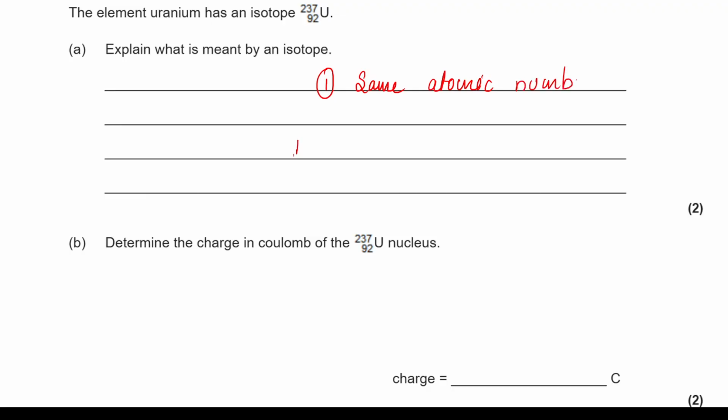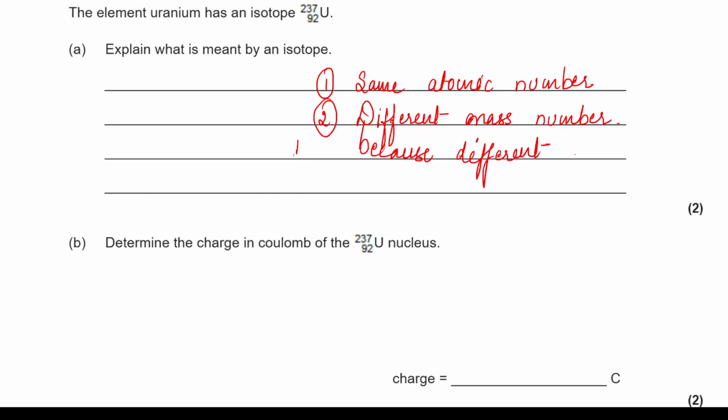Because they have the same number of protons and electrons, but different mass number, because of a different number of neutrons. So one might have an extra neutron, and more neutrons make it unstable.